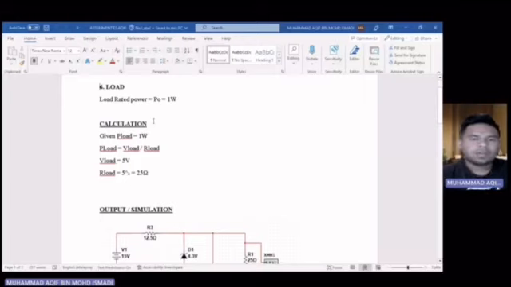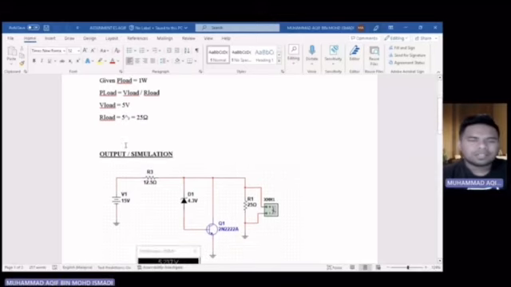Given P_load equals 1 watt, P_load equals V_load squared over R_load, and this is the formula. And the answer is V_load equals 5 volt, R_load equals 5 squared over 1, and the answer is 25 ohm.